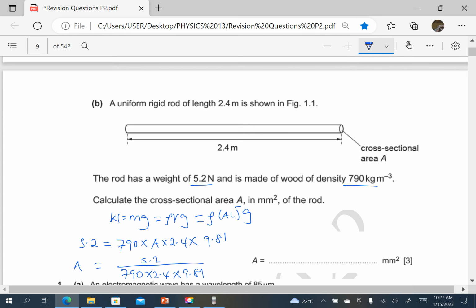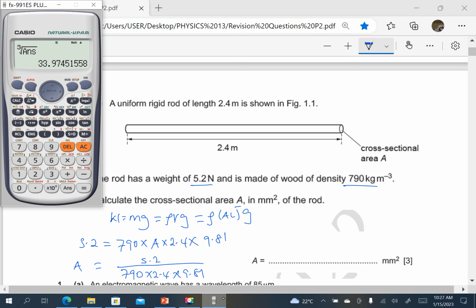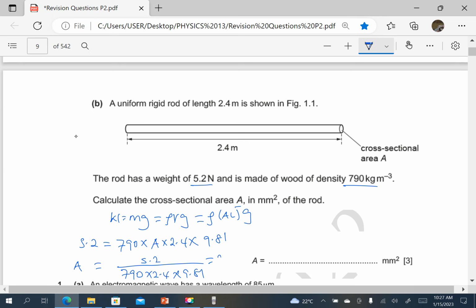So I'll just bring my calculator. I have 5.2 divided by, I'll open the brackets, 790 times 2.4 times 9.81. So this is giving me 2.8 times 10 power negative 4 meters squared.